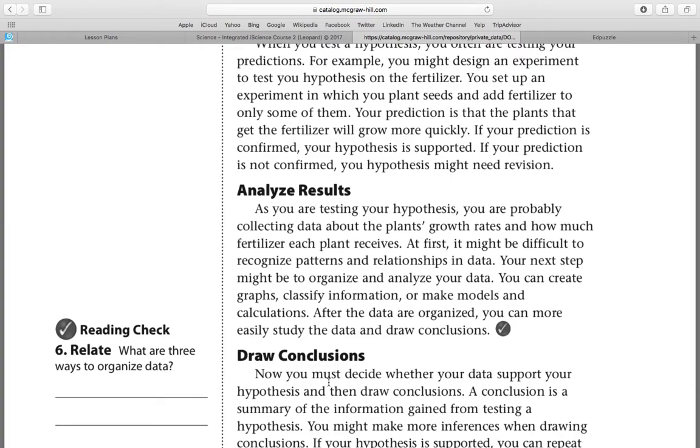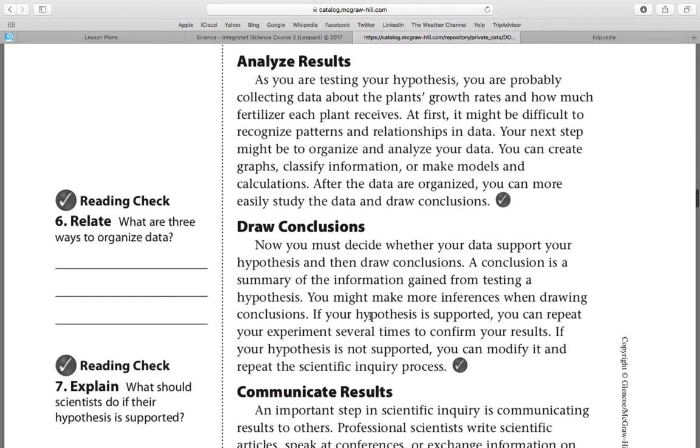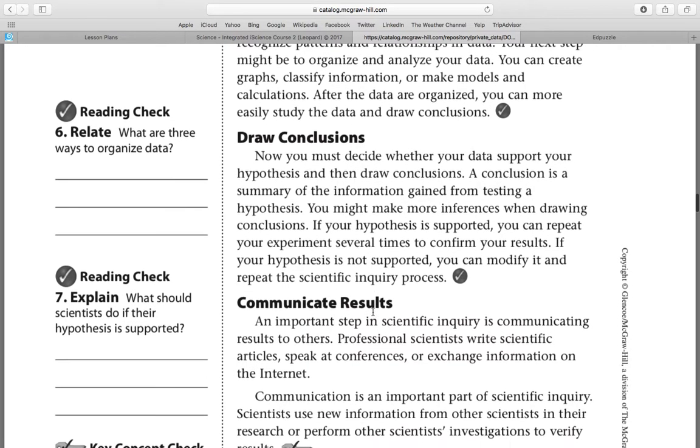We would graph them, we would diagram them, and we would repeat that hypothesis several times in order to see if it is true or not. If we conclude that our fertilizer grew our tomatoes larger, taller plants after multiple experiments, we would draw a conclusion and say that is true.